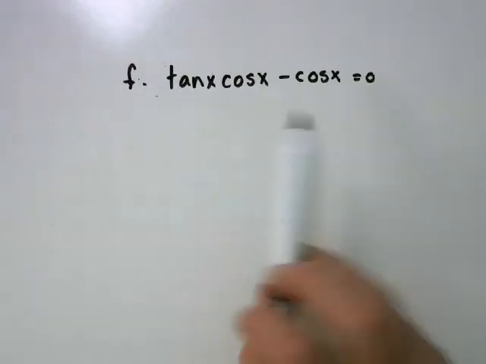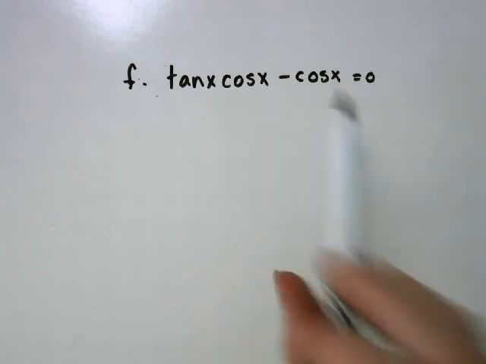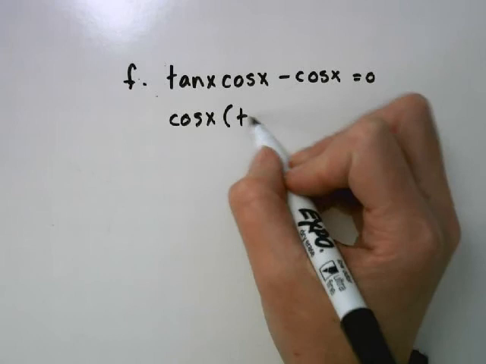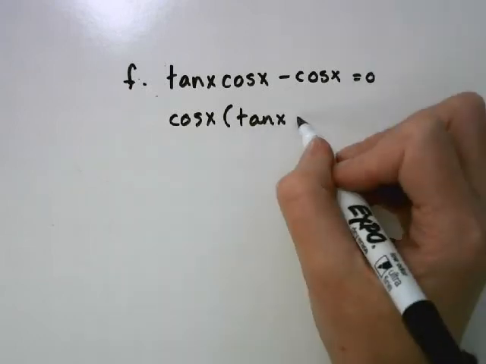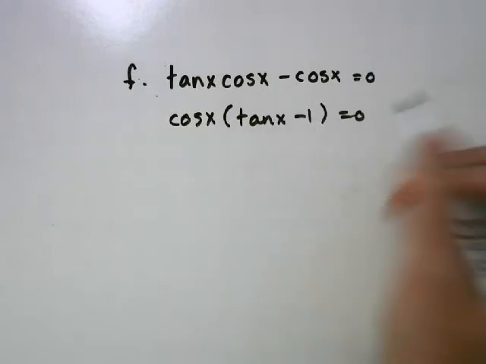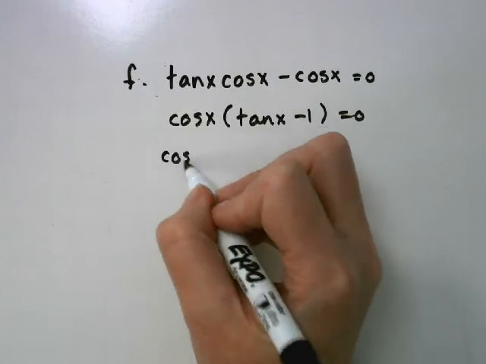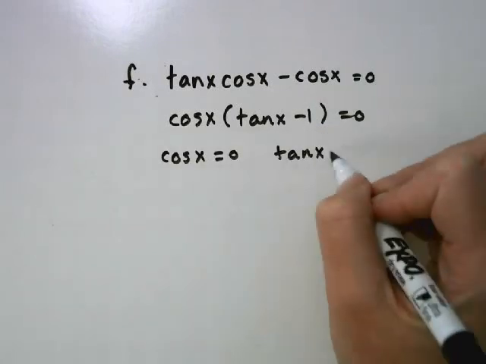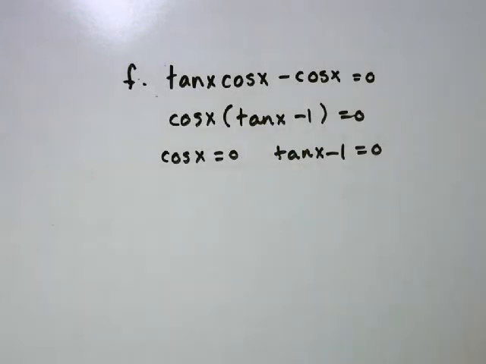Last example here. Should be straightforward. We're going to factor out a cosine, which leaves me with tangent of x minus 1. So either cosine of x equals 0 or tangent x minus 1 equals 0.